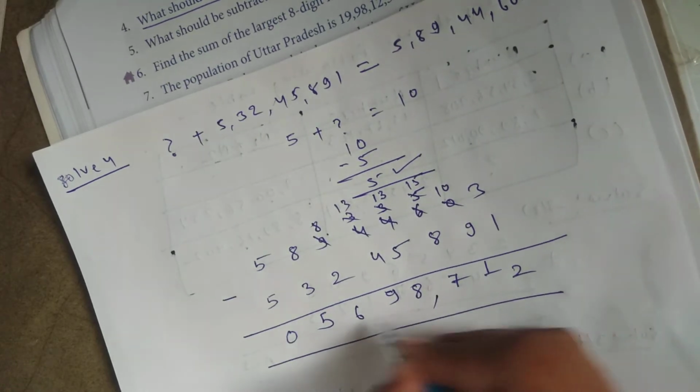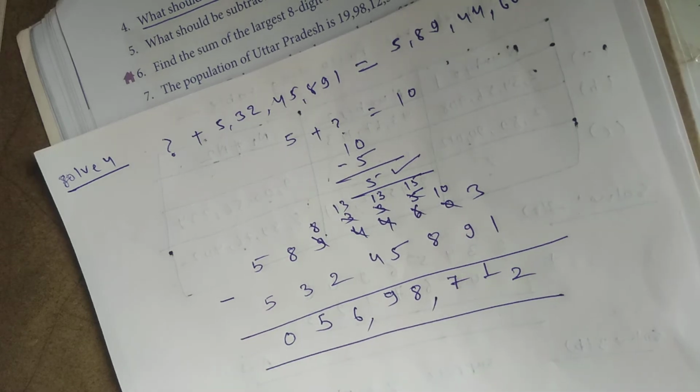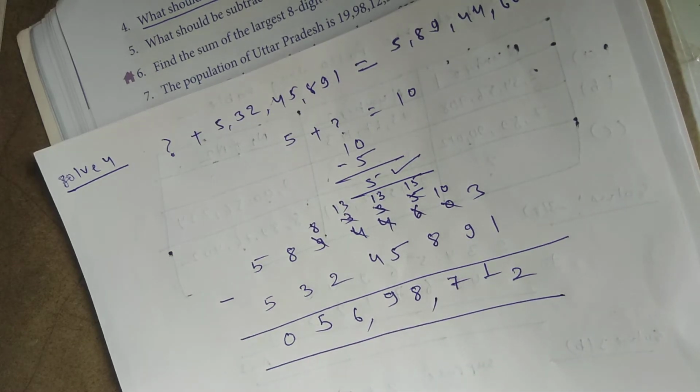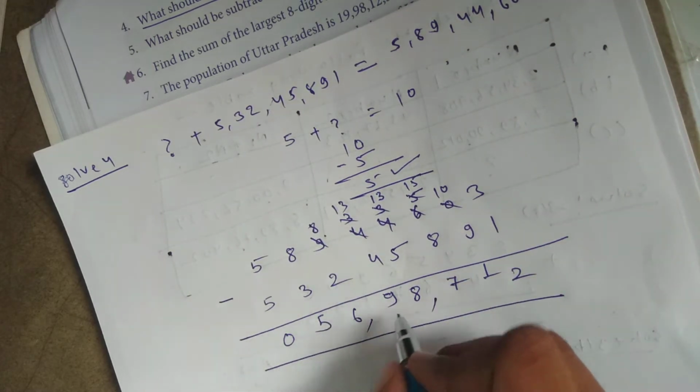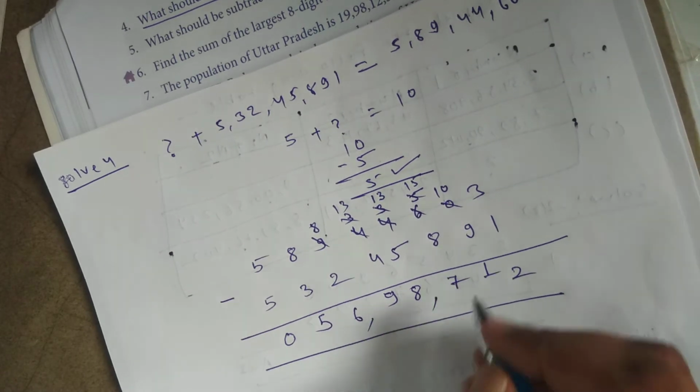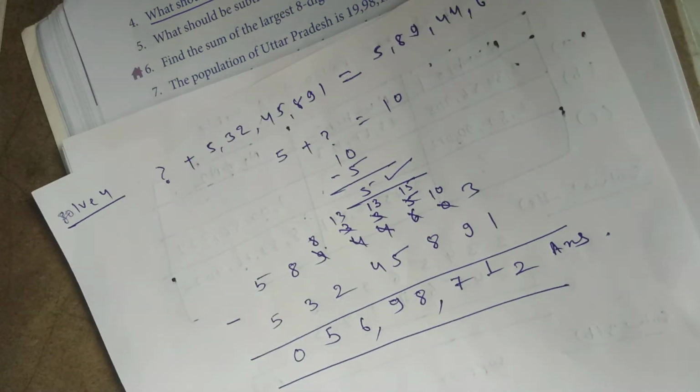So the answer is 56,98,712. Okay, I hope you have understood.